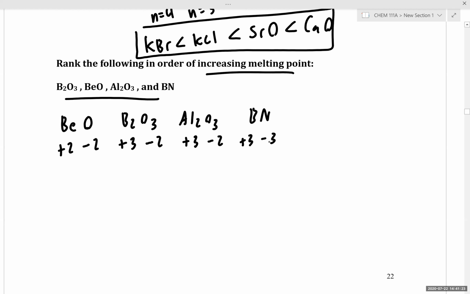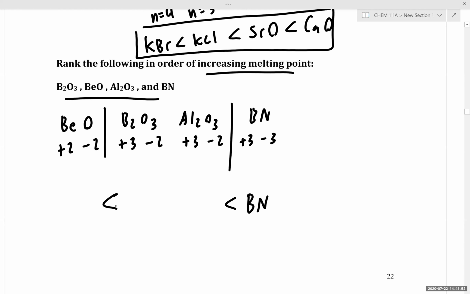Sorting by charge, which of these species has the largest cation and anion charge? Boron nitride. So boron nitride would have the highest melting point.